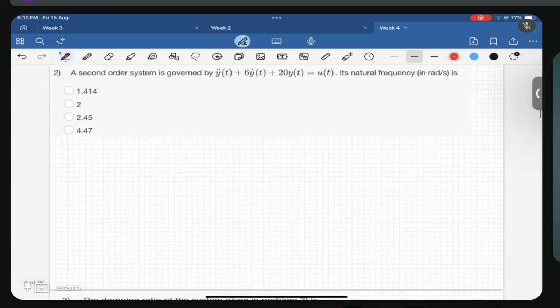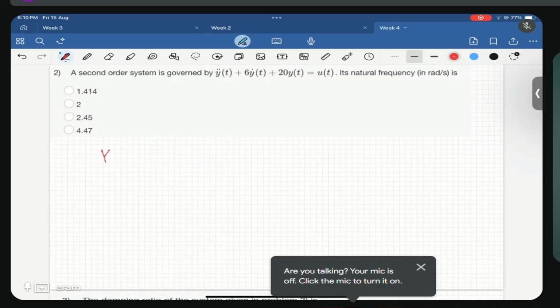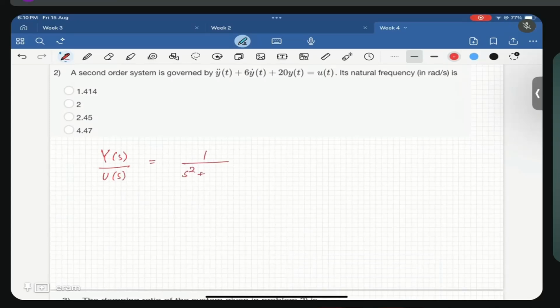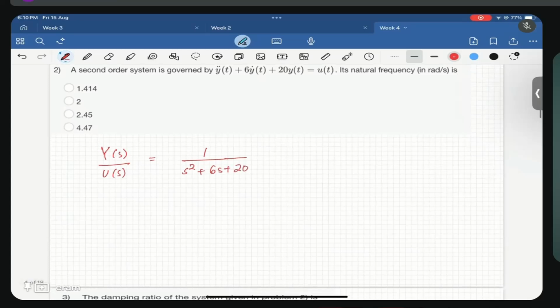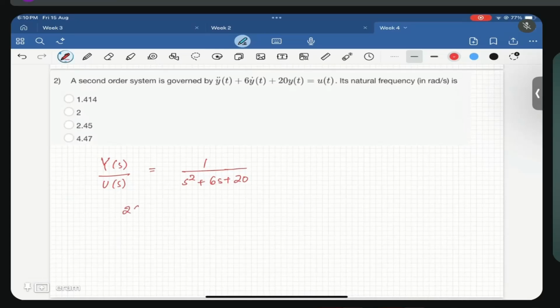Like the previous question, we can proceed in a similar manner. Here also we can easily find out the transfer function, which is 1 by s square plus 6s plus 20. Okay, and here also 2 zeta omega n is 6 and omega n square is 20. So natural frequency is nothing but omega n. Okay, so omega n is under root 20.